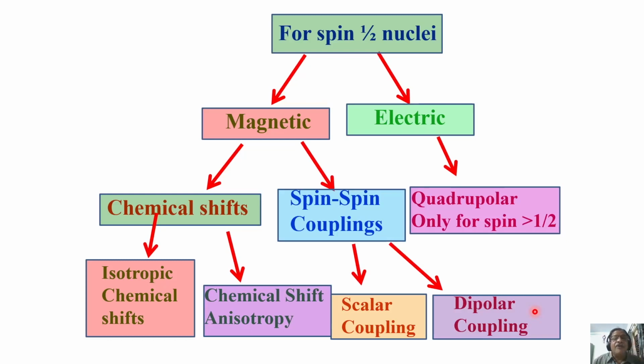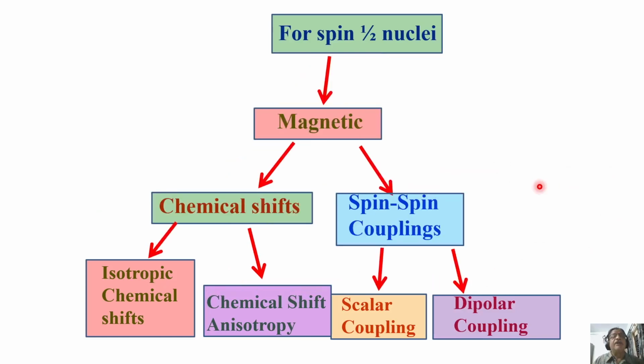When it is spin-half nuclei, what did I say? The electric interaction coming because of the quadrupolar coupling must be 0. It should not exist. True, that will disappear. So for spin-half nuclei, the electric interaction is 0.